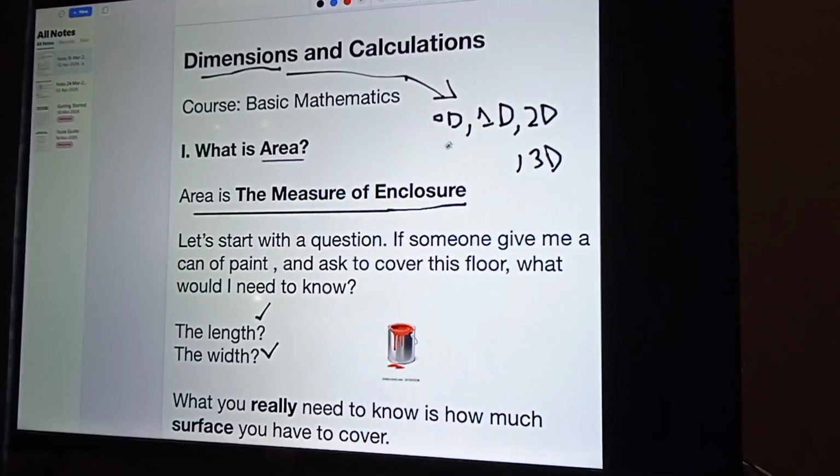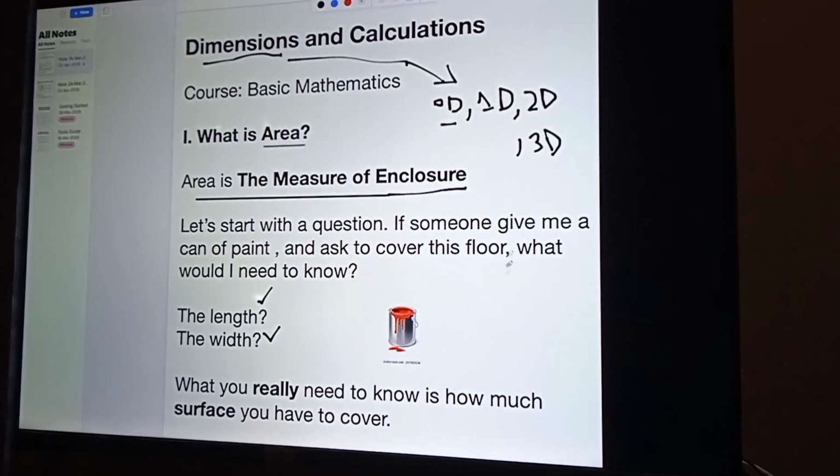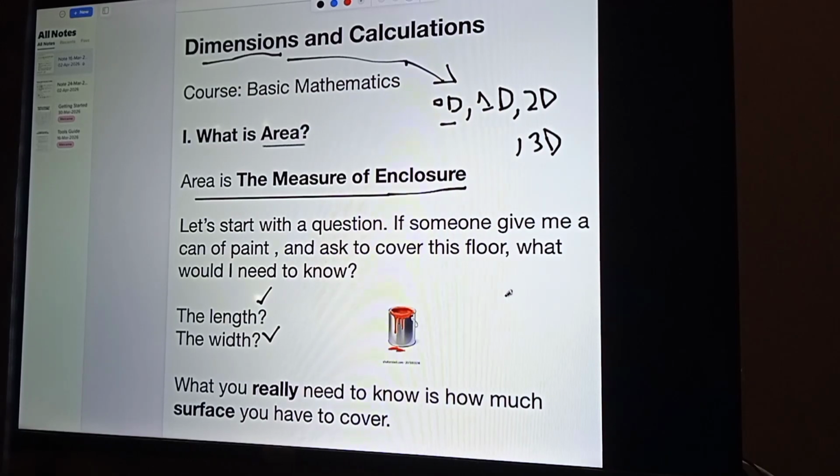Let's start with this 0 dimension. This is a point. I mark a point here. We call this point a 0 dimension because everything is concentrated at a single place at this point.